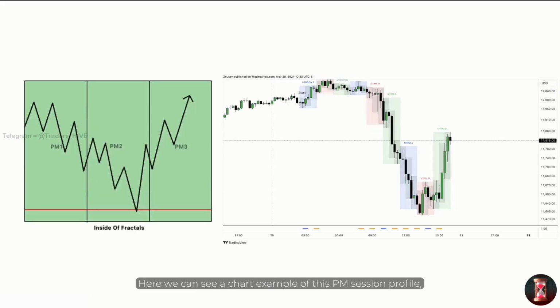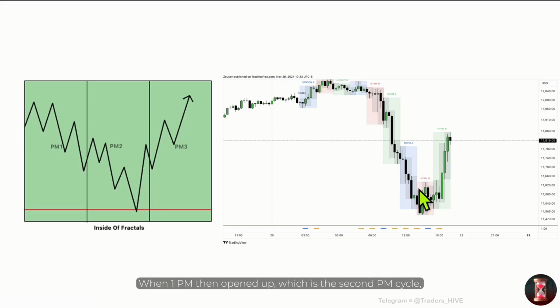Here we can see a chart example of this PM session profile, where you can see that during the morning session, the market expanded quickly towards the downside. Notice how it was in a rush to reprice lower. This repricing lower continued throughout the beginning of the afternoon session during lunch.